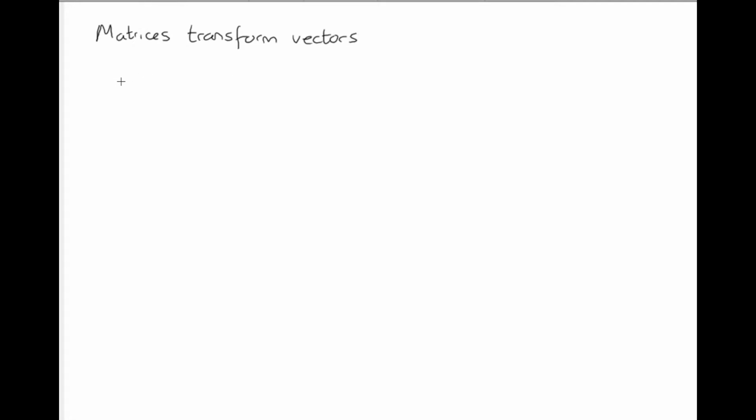And so if we have a matrix M given by 1, 2, 2, 1, and we have a vector V given by 1, 3, then we can multiply these two together because they have the correct dimensions.